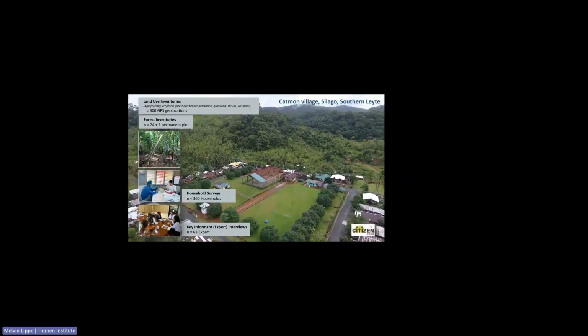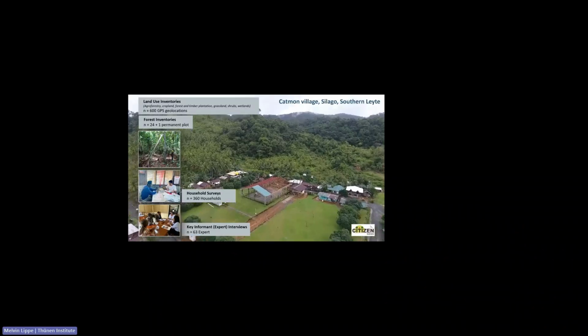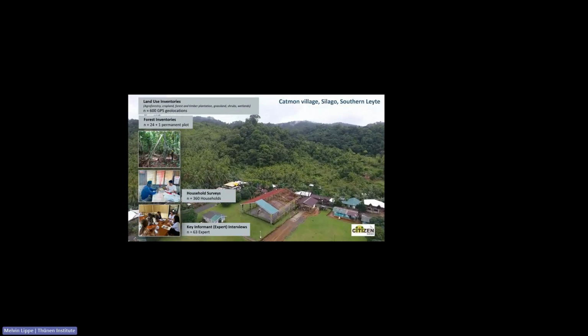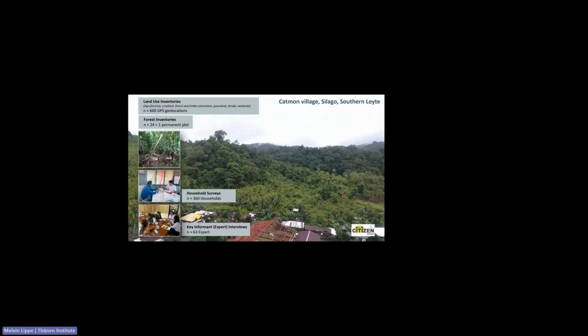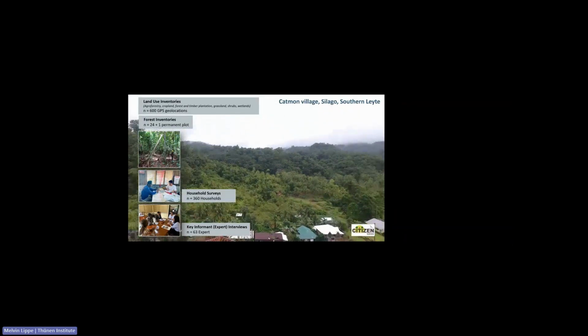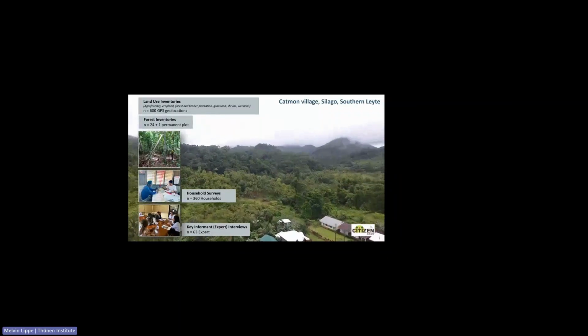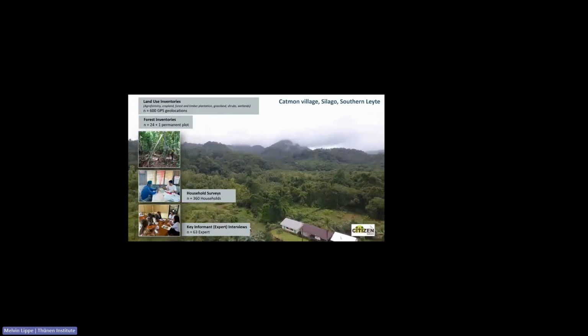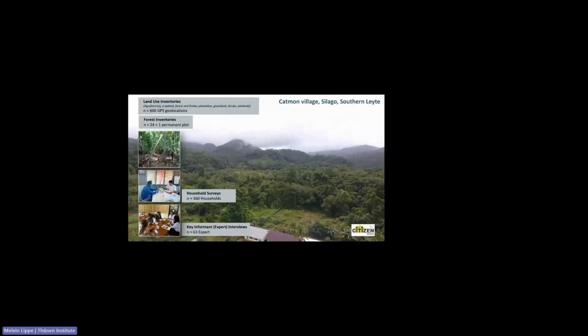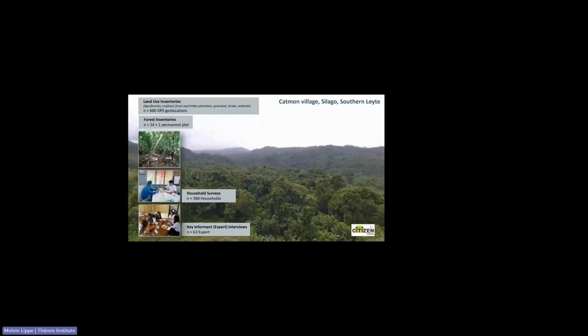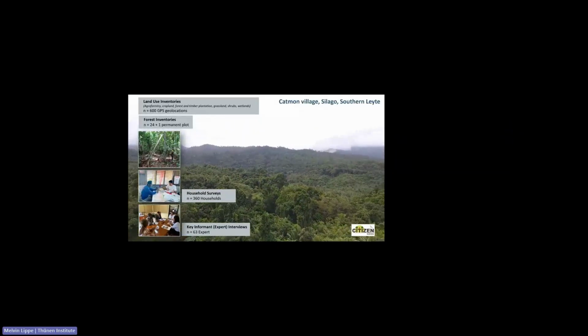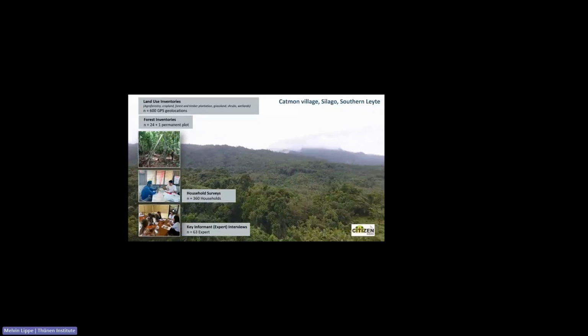You have a center with settlement areas, then it's surrounded by, in this case, coconut and agriculture intensification areas. And the further you move away, as you can also see from the drone, the more you move towards degraded forests and maybe even pristine primary forest areas, which in the case of the Philippines have a very high endemic biodiversity value.